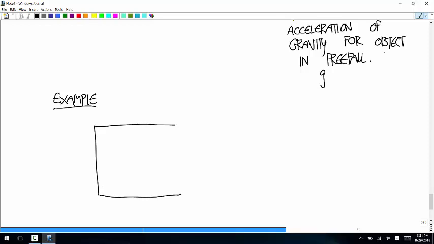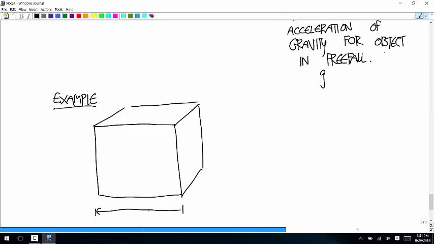So let's say that you have this box. It's a cube, and all of the lengths are 1 meter.